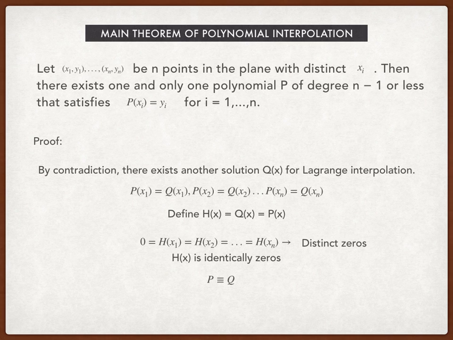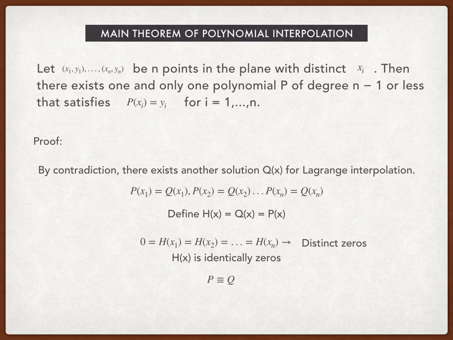We hope to prove by contradiction. Suppose the interpolation is not unique. There exists another solution, called q of x. Q of x also has degree at most n-1, and interpolate all points also, by the design of the Lagrange interpolation. Therefore, we have p of x1 equal to q of x1, p of x2 equals to q of x2, and etc. Define h of x to be the difference of p of x and q of x.